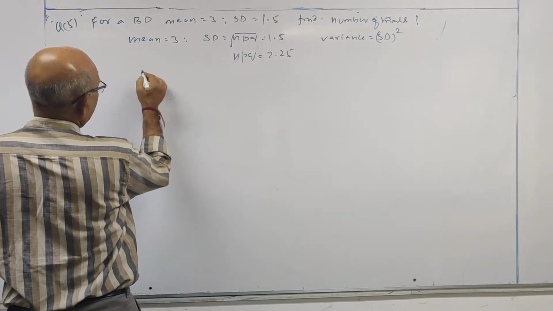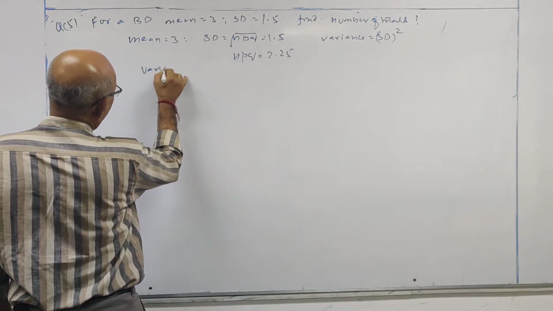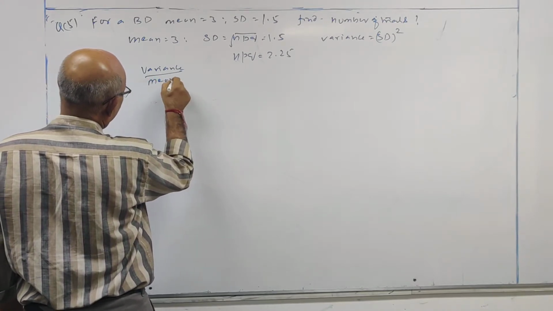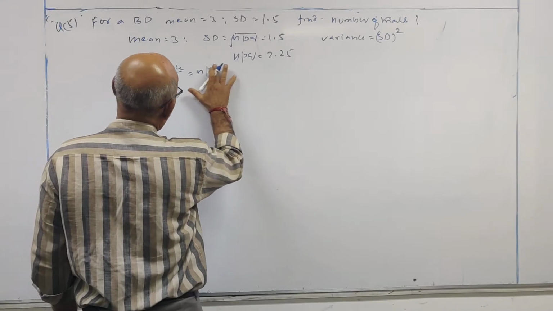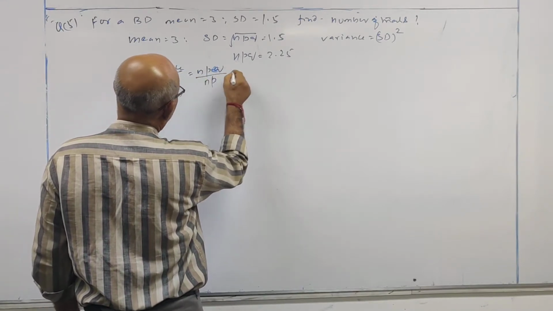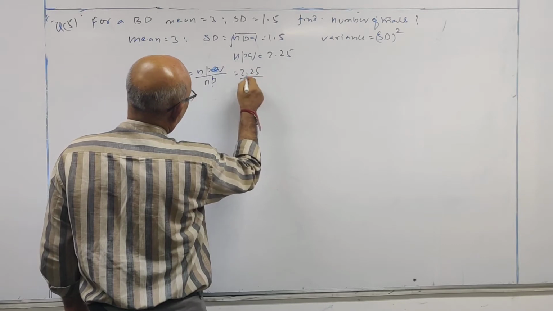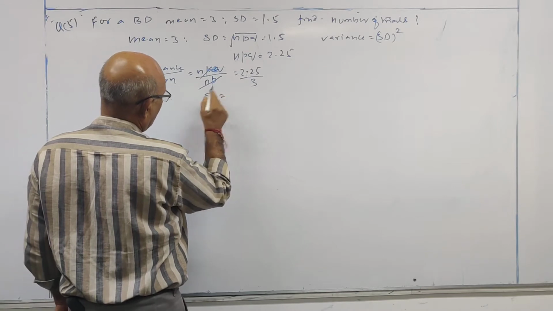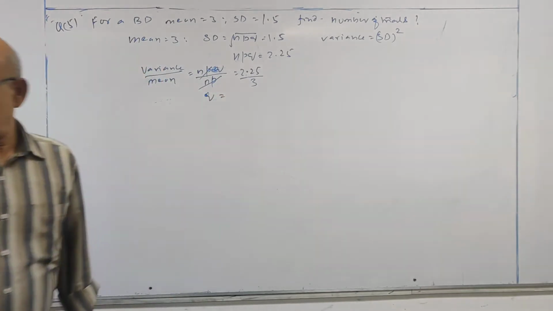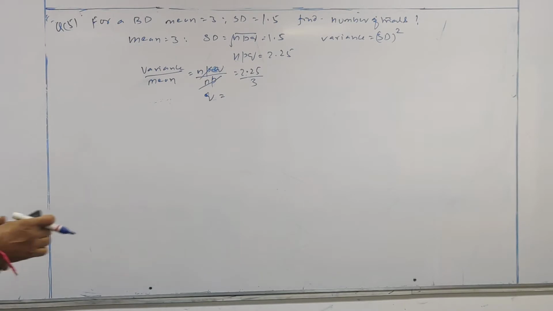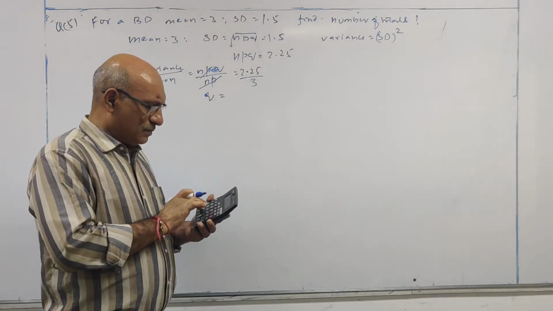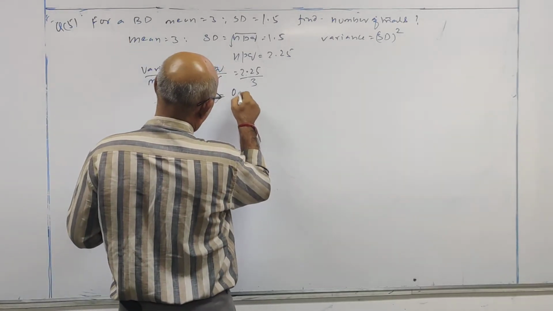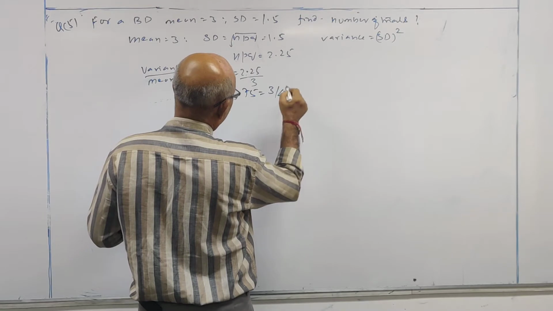Mean is equal to NP. So variance divided by mean, NPQ divided by NP, this is 2.25 divided by 3. Q is equal to 2.25 divided by 3, 0.75, means 3 by 4.